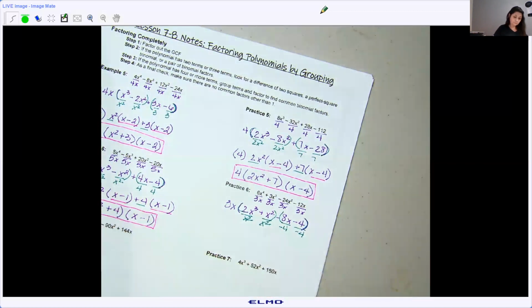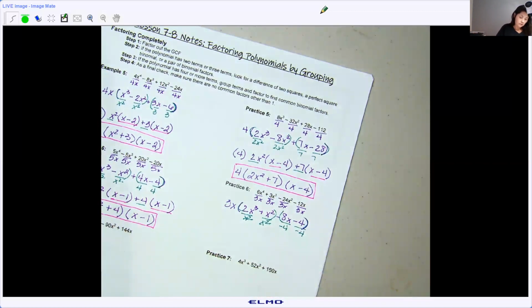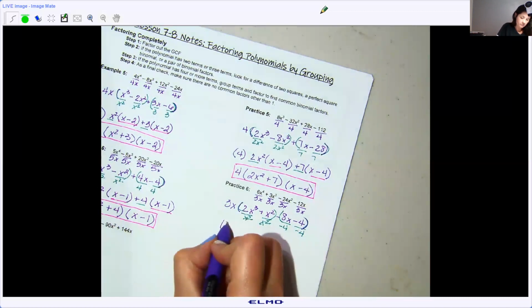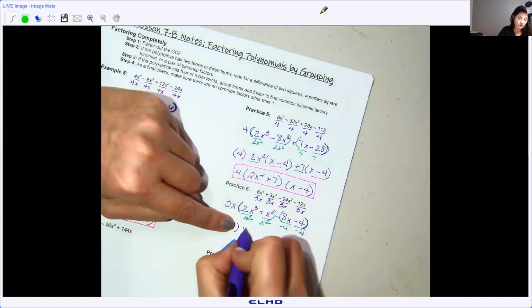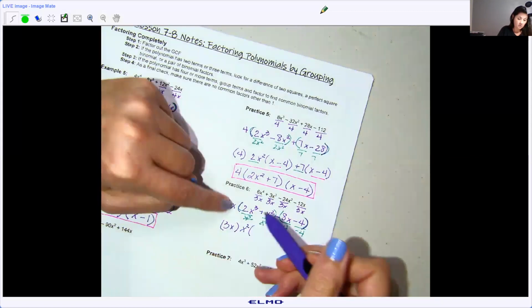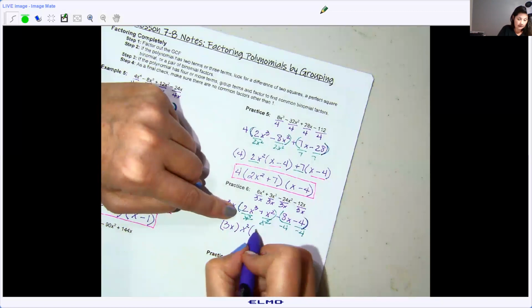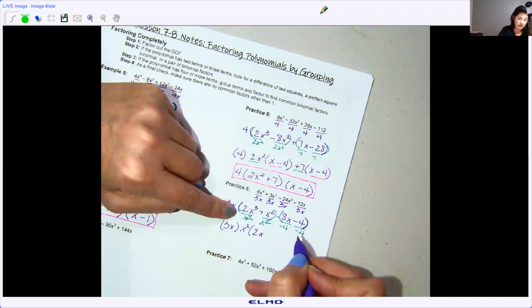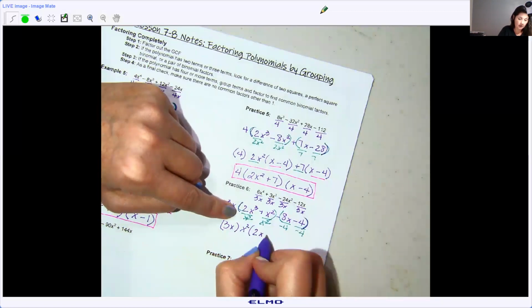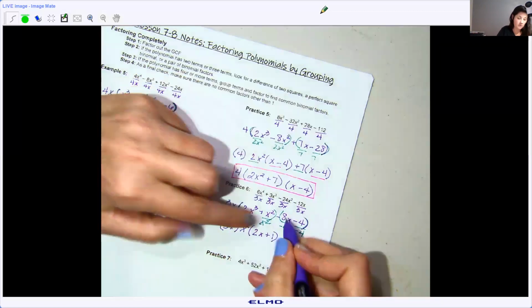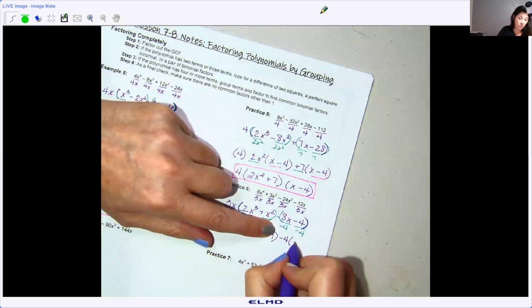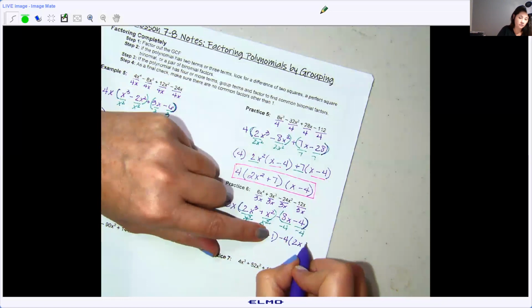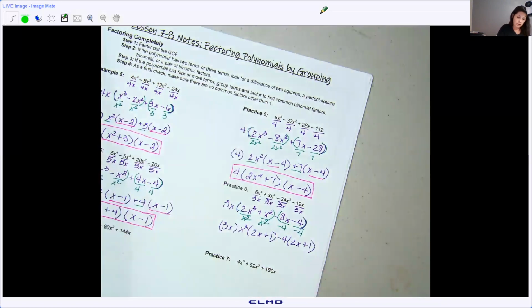So we have 3x, and then we have x squared, and that will give us a 2x plus 1. I lost my train of thought there for a minute. And then a minus 4, and then negative 8x divided by negative 4 is a positive 2x, and then negative 4 divided by negative 4, positive 1.